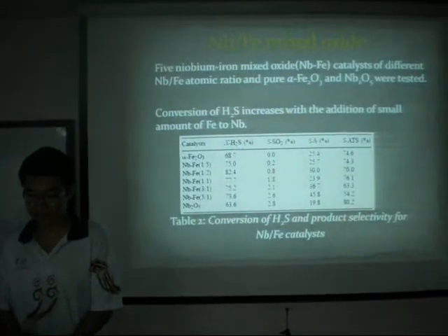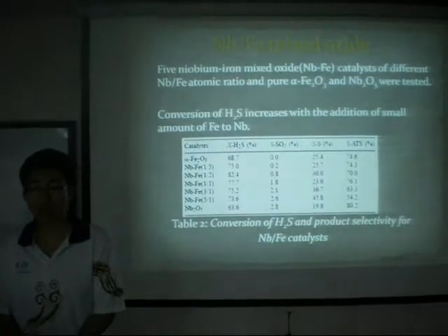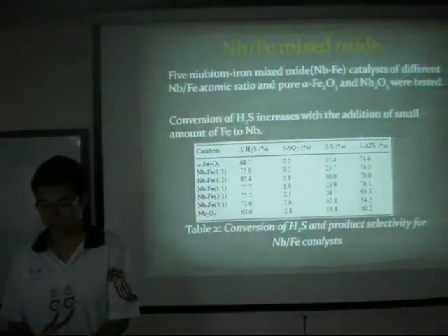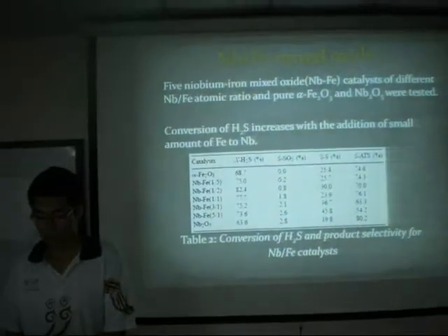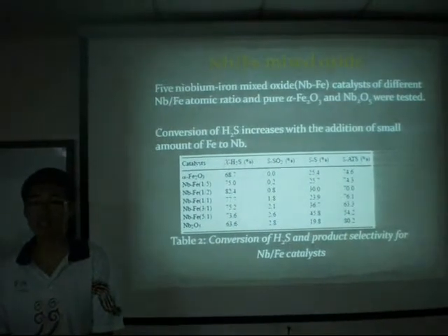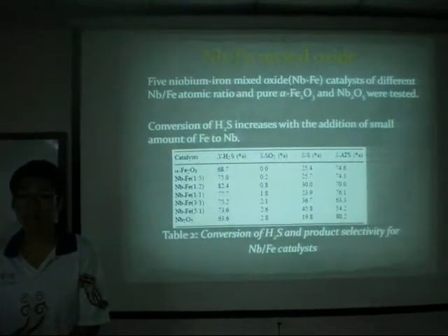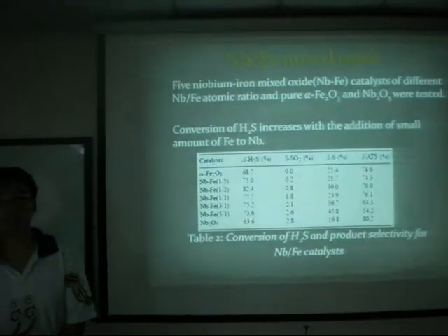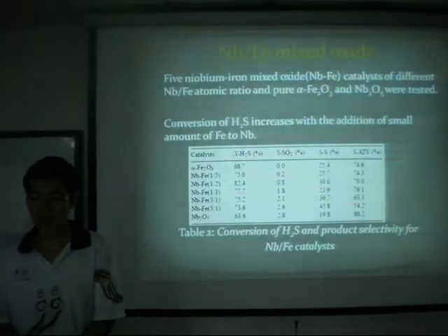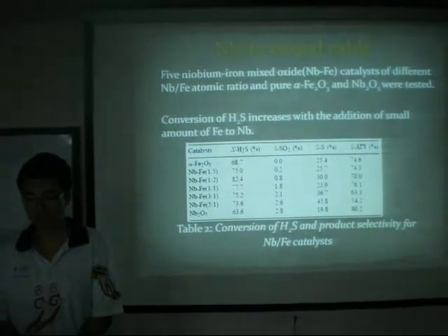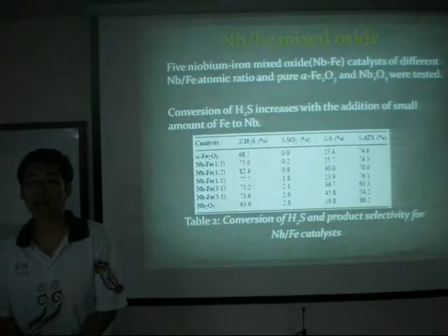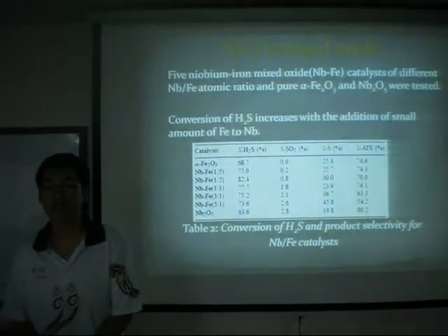The high catalytic performance of the 1 to 2 ratio of niobium iron is related to its physical properties. The result shows that the 1 to 2 ratio niobium iron mixed oxide catalyst has the highest surface area and pore volume, and both these characteristics bring high catalytic performance, and as a result it has the highest conversion compared to the others.